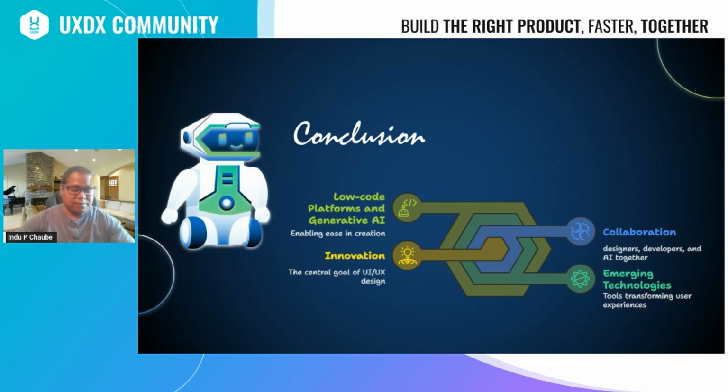So apart from this discussion, I am going to the conclusion of my talk. In the conclusion, when I was saying low code, I understood that everybody knows now what a low code platform is. A low code platform is a kind of pre-built software infrastructure, like a computer motherboard, right?